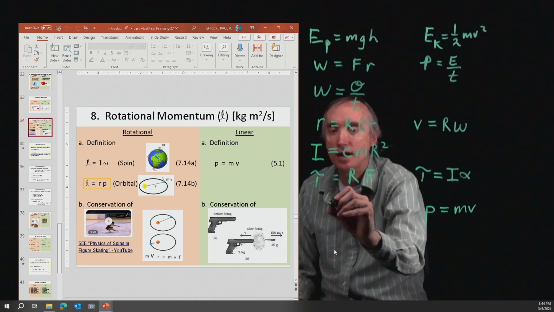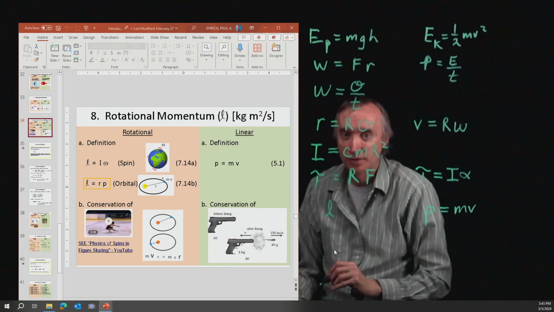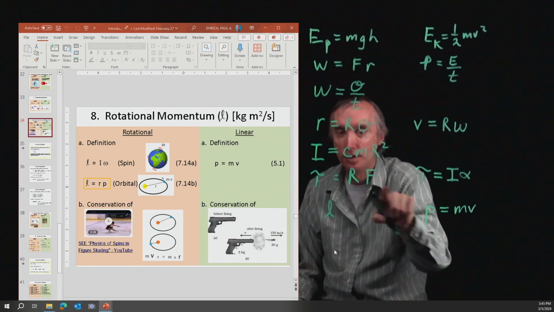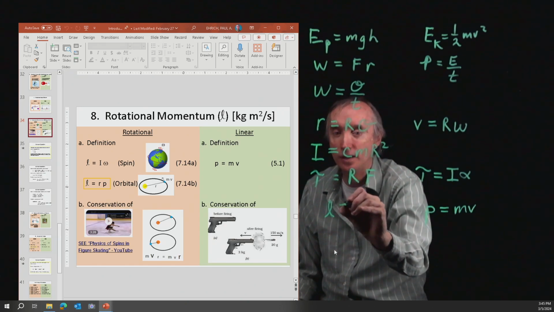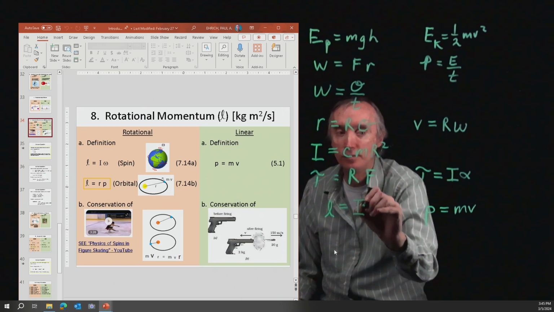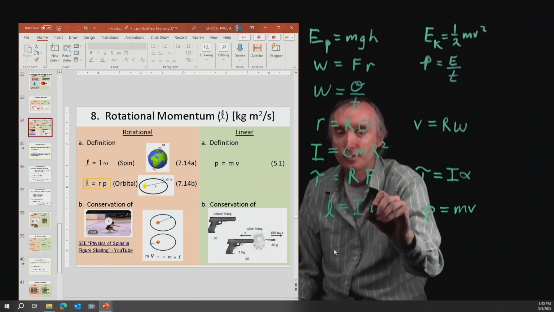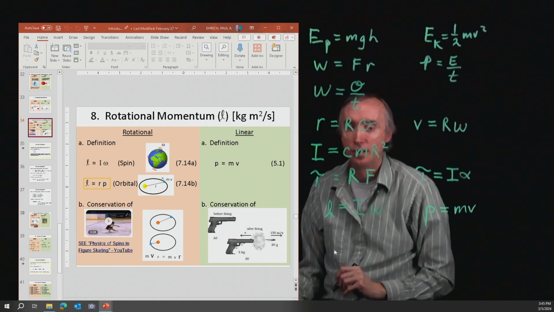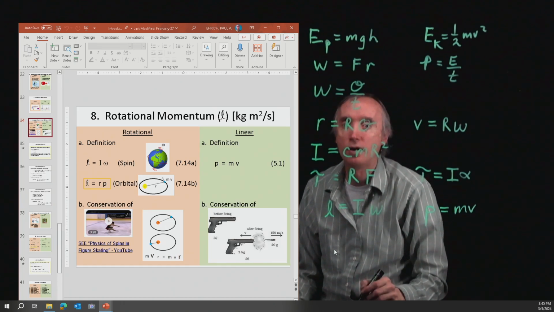We're going to say L is going to be angular momentum. This is linear momentum. This is angular momentum. And instead of mass, it's going to be the moment of inertia in motion. So this is going to be rotational motion. So you see how similar the two equations are.